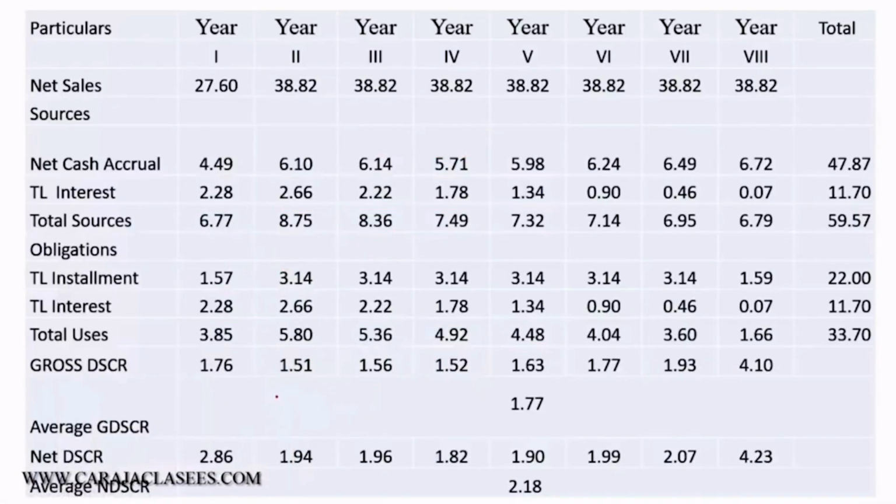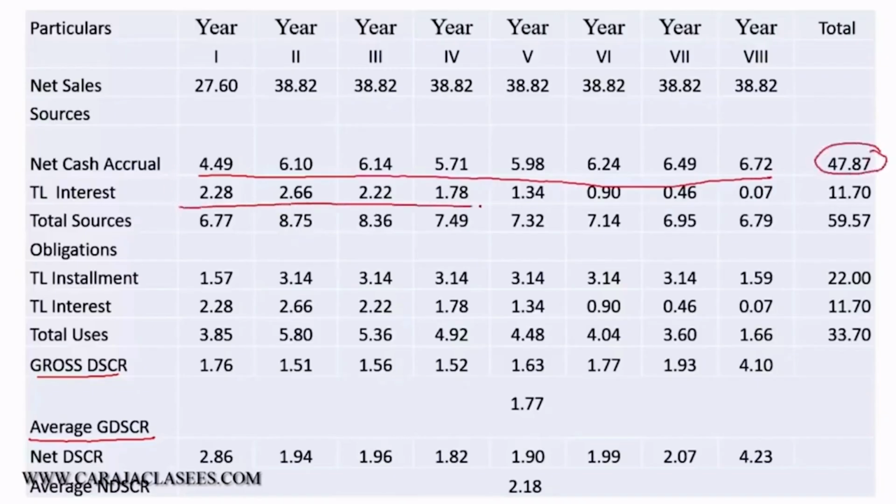Okay, so this is gross DSCR. We also have the concept called gross average DSCR. How is this gross average DSCR calculated? See, look at here. You had net cash accrual, right? This net cash accrual for all the years are added here. Then term loan interest for all the years, that is also added. 47.87 plus 11.70 gives you 59.57.